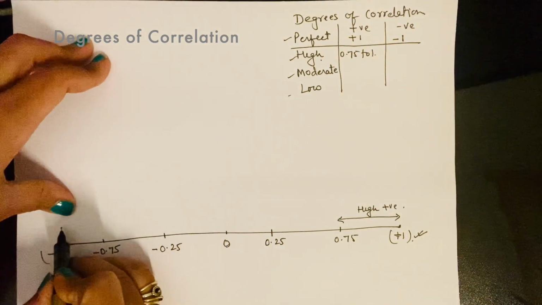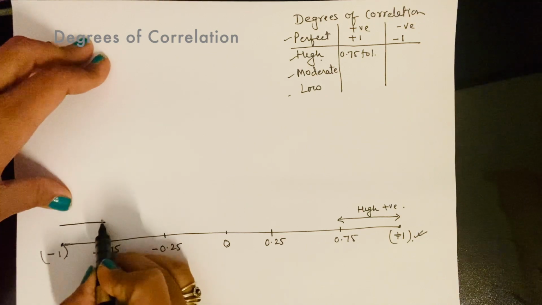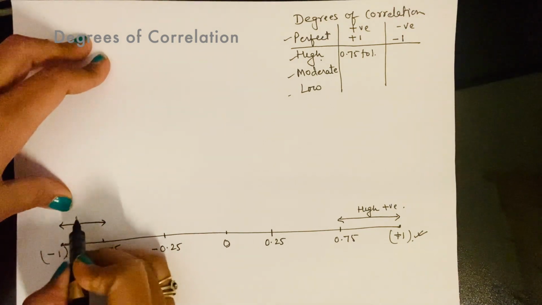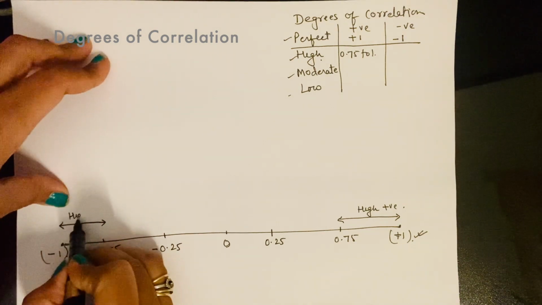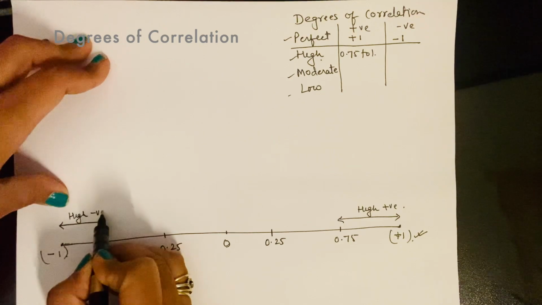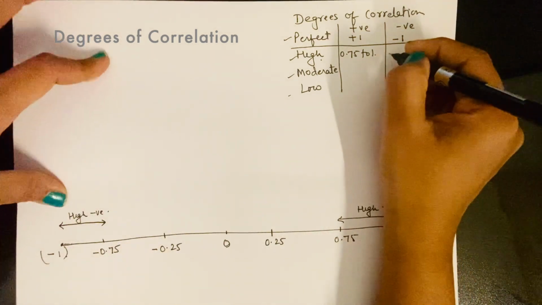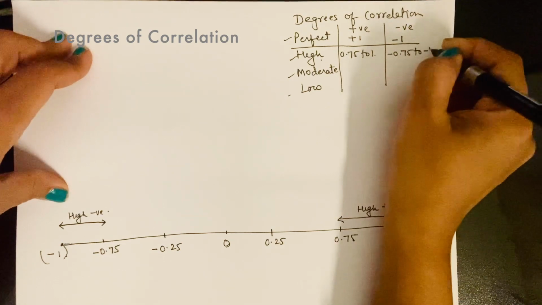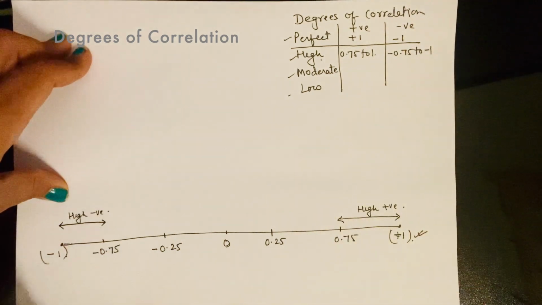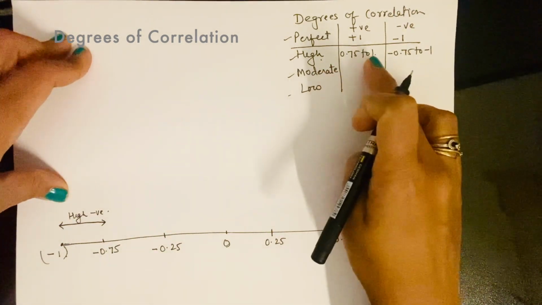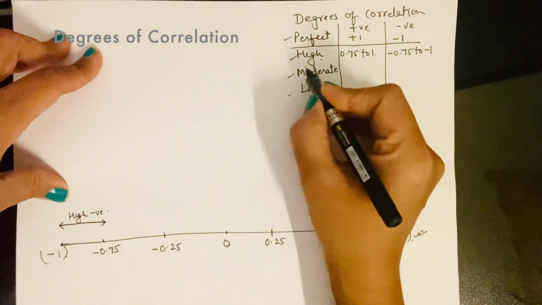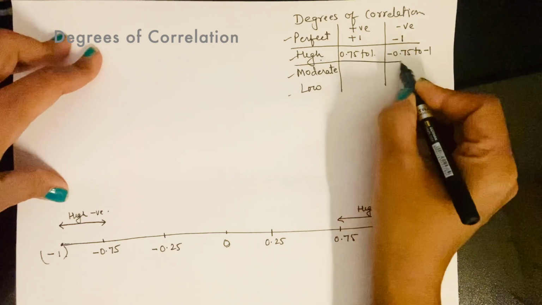Similarly, any value between -0.75 and -1 will show a high degree of negative correlation, that is -0.75 to -1. So towards the extreme, the value will be high positive or high negative. Now we are done with the perfect and the high values.